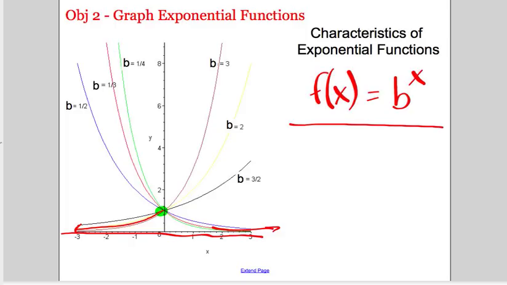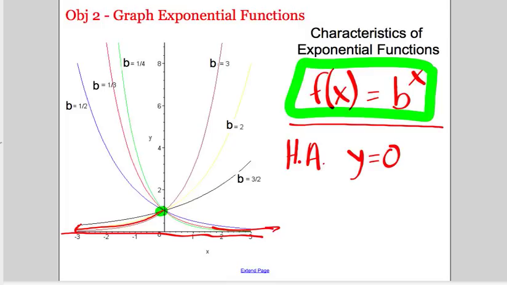The parent function will have a horizontal asymptote y equals 0. And the reason for that, let's think about why that is. What we're saying is this function will never be 0. That should make sense, because remember, b is a positive real number.